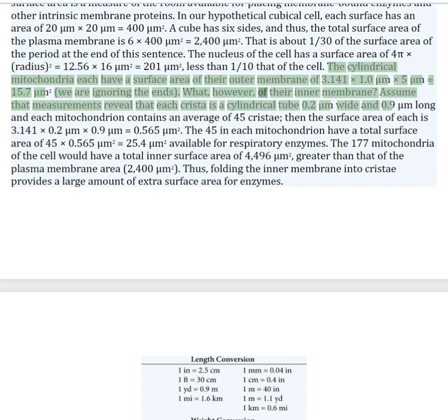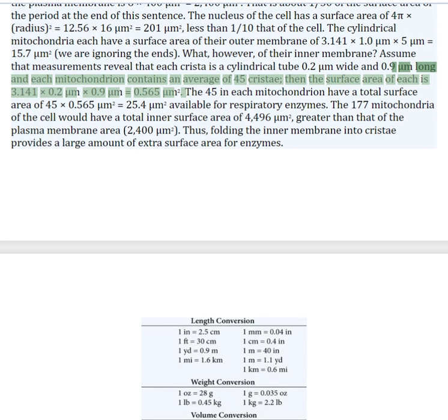What, however, of their inner membrane? Assume that measurements reveal that each crista is a cylindrical tube 0.2 micrometers wide and 0.9 micrometers long, and each mitochondrion contains an average of 45 cristae, then the surface area of each is 3.1410 × 0.2 micrometers × 0.9 micrometers equals 0.565 micrometers squared.